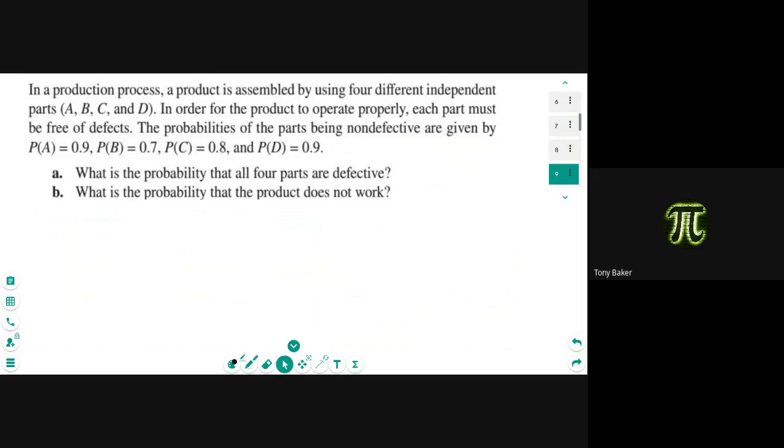So the first question says, what is the probability that all 4 parts are defective? It gives you the probability of the parts being non-defective: 0.9 for A, 0.7 for B, 0.8 for C, and 0.9 for D. So what is the probability that all 4 parts would be defective?